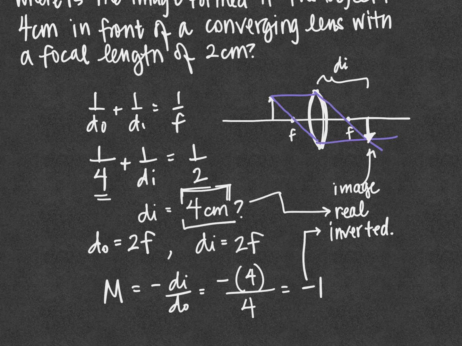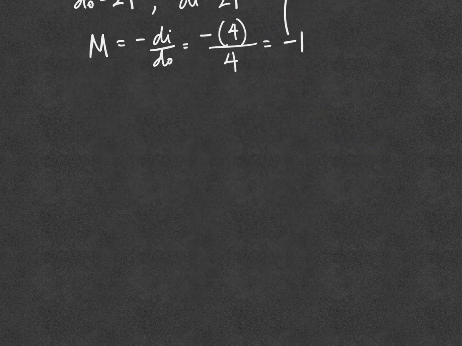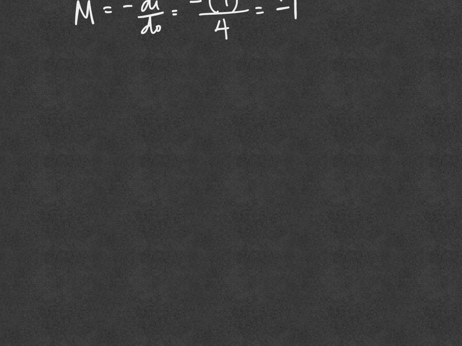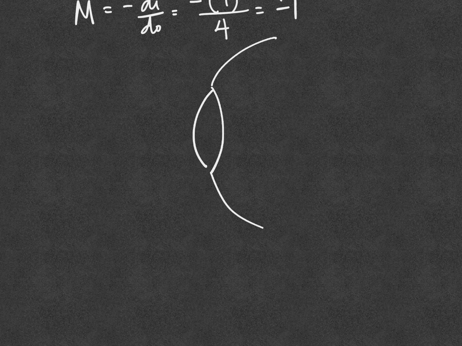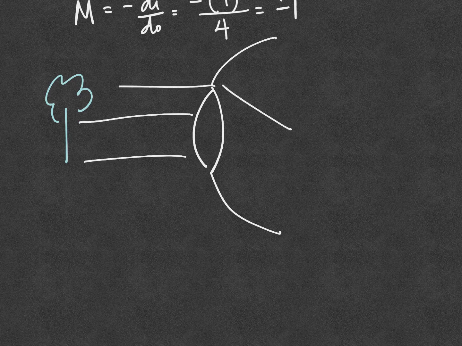So think about how your eyeball works. Your eyeball has a lens that's shaped like this convex lens, and outside of your eye, out here, there may be a tree. And the light rays from the tree pass into your eye and they converge.